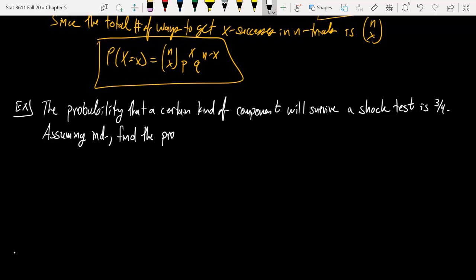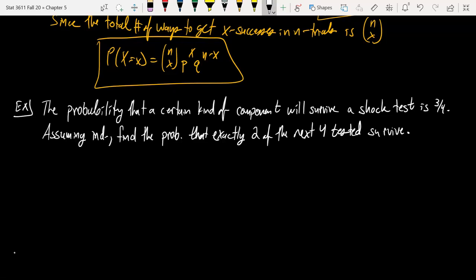The probability a certain kind of component will survive a shock test is 3/4. They are independent tests. We're going to do 4 tests. What's the probability that exactly 2 of the next 4 will survive?